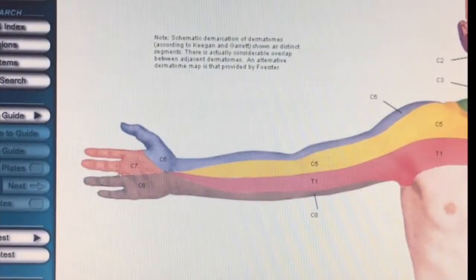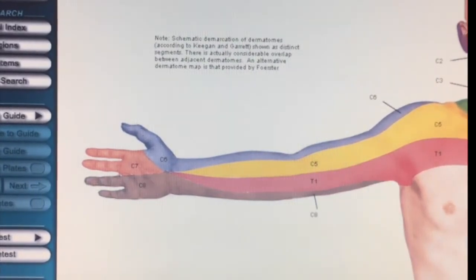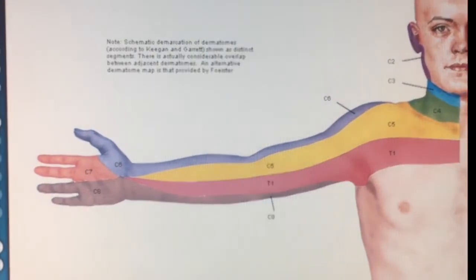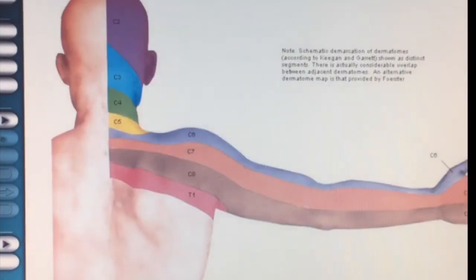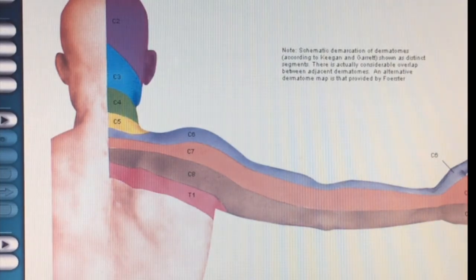I apologize for switching to a different camera, but at least I didn't irritate your eyes flipping through several images. This is from the Netter's Atlas, and this is the anterior view, whereas the next diagram is the posterior view. Well, this is what I really wanted to see first, from a posterior direction.